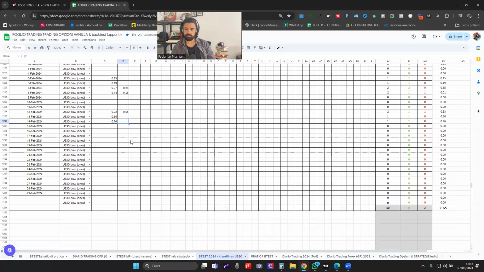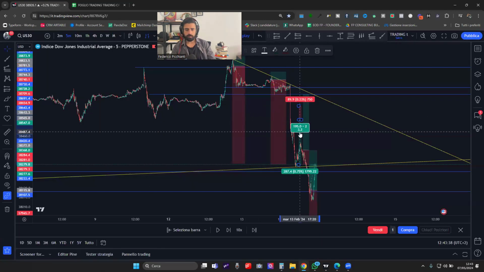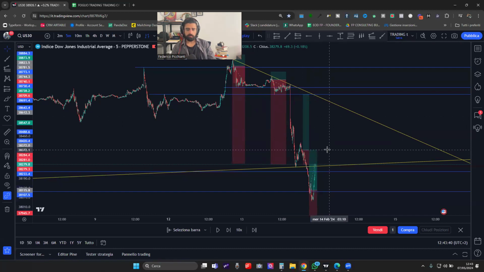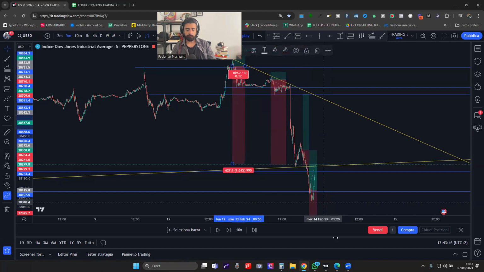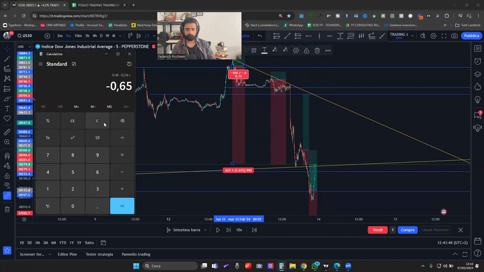And we're going to take a 0.75 profit. Okay. So we're left with this position, this one and this one. So we have a minus 1.61, minus 1.40, and a plus 0.66, and minus 0.24.